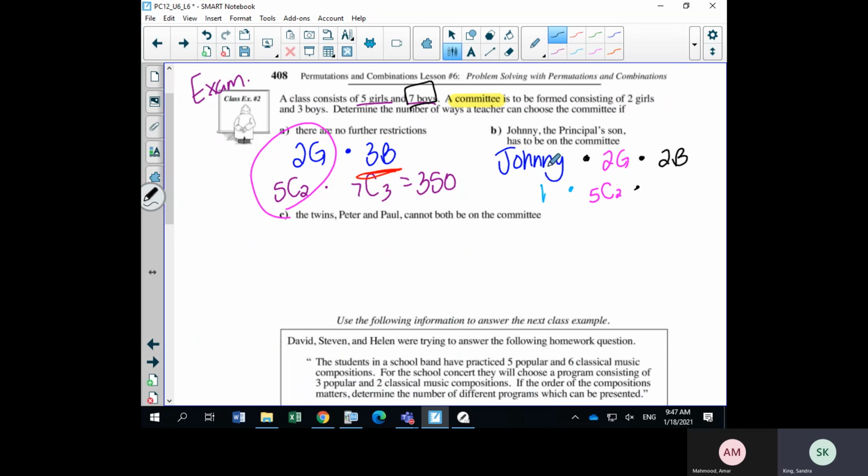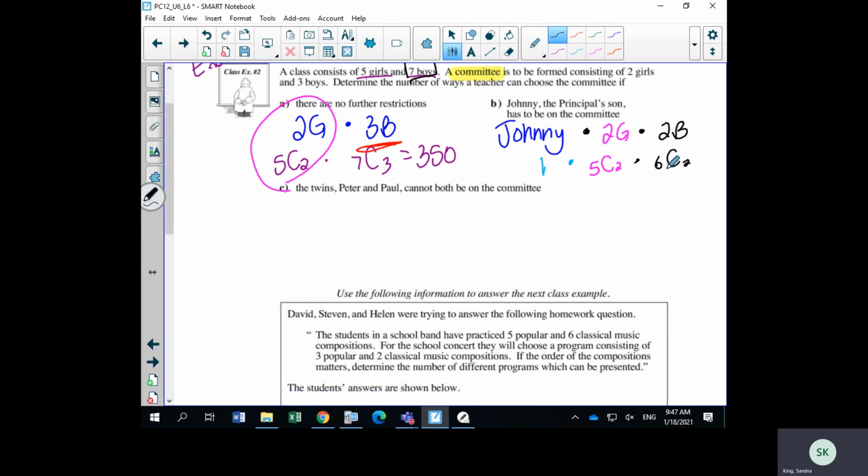So Johnny's already on, so now I've got 6 boys left to choose from, and I'm choosing 2 of them. So I'm going to give you a question tomorrow, and I'm going to say it's a committee question, and I'm going to say this person is on the committee. So you put that person on, and then you've got to subtract that person here. So this answer should be 150.